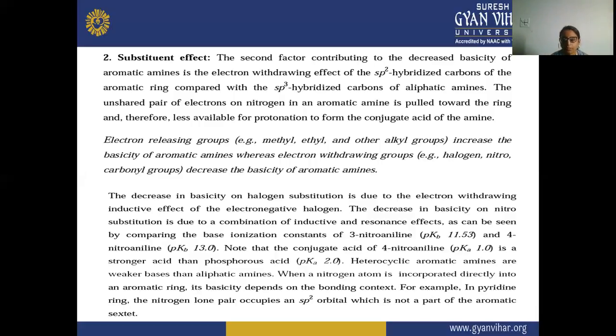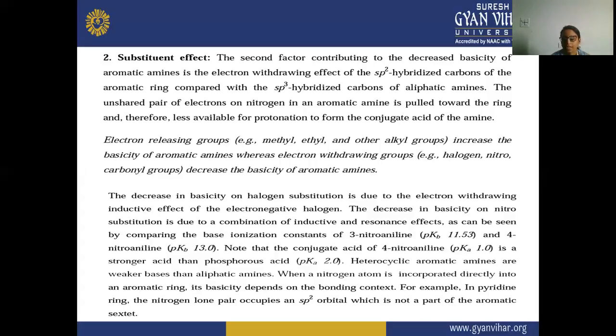The decrease in basicity on nitro substitution is due to the combination of inductive and resonance effects, as can be seen by comparing the pKb of 3-nitroaniline, 11.53, and 4-nitroaniline, 13.0.